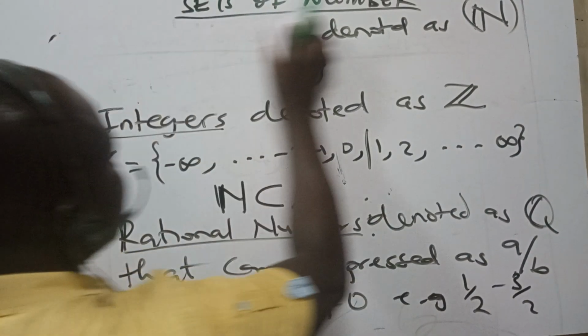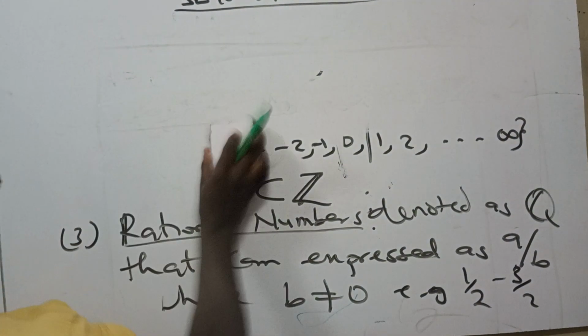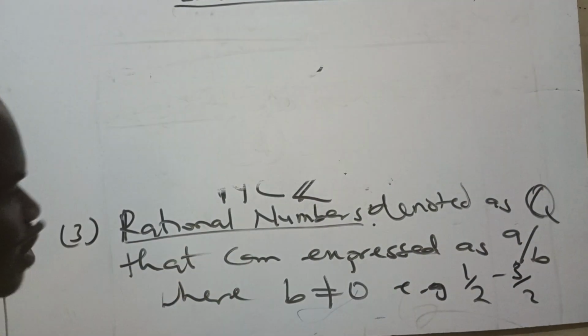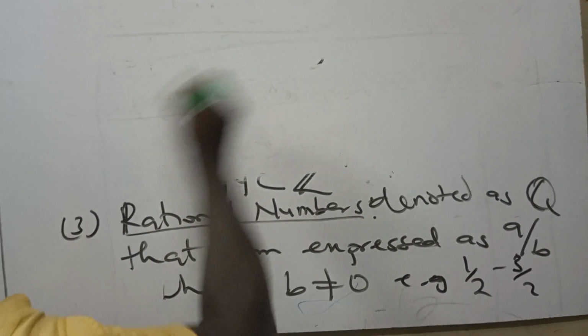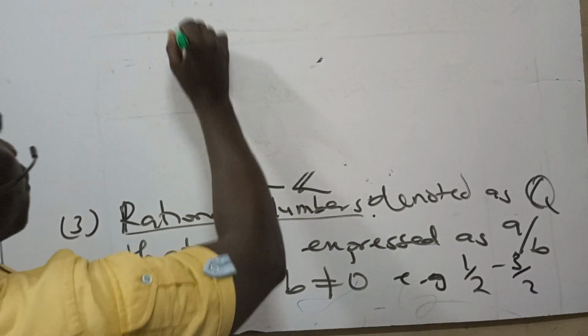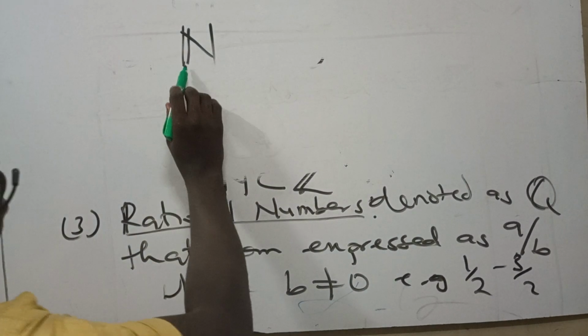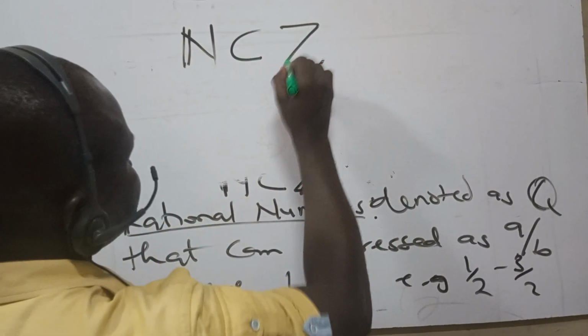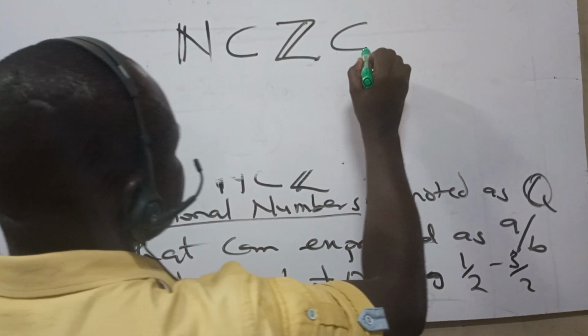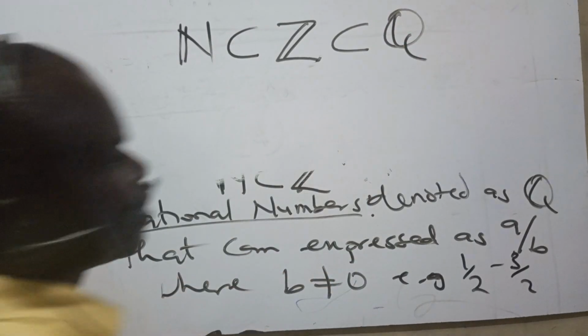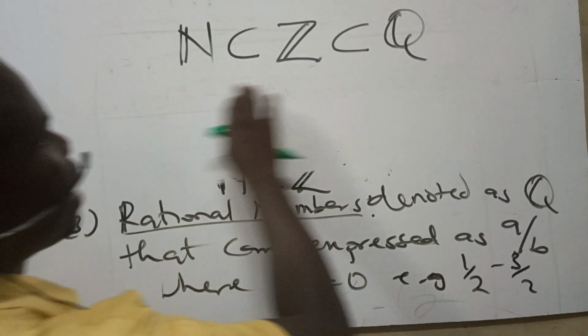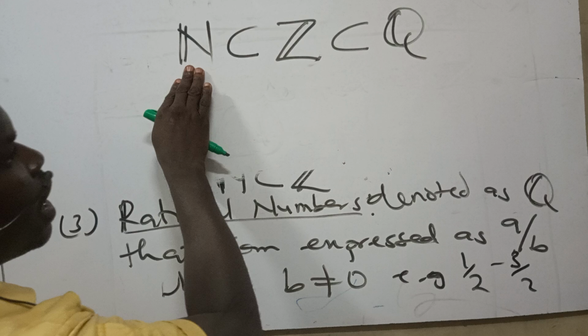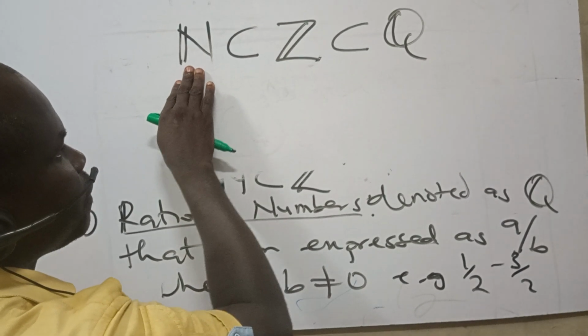From what we have now, we realize that integers are a subset of rational numbers. That is what we can conclude. From what we have discussed, natural numbers are subsets of integers, then integers are subsets of rational numbers. This is the hierarchy. The least set of numbers are the natural numbers, followed by integers.